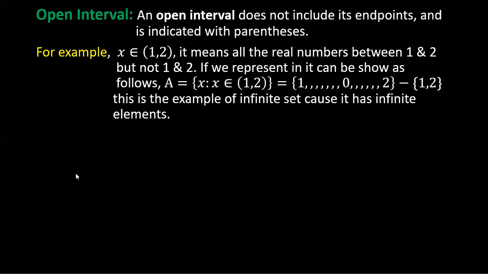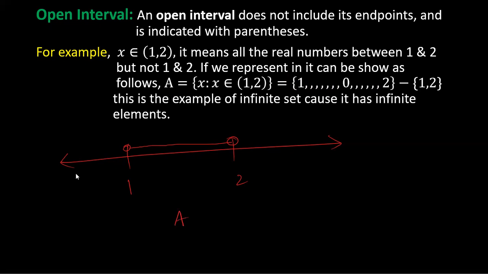Open interval, the endpoints will not be there in the set. Let's draw a number line. Let me take 1 here and 2 here. Put open circles on 1 and 2, because that means other than the endpoints 1 and 2, all the numbers will be included in the set.